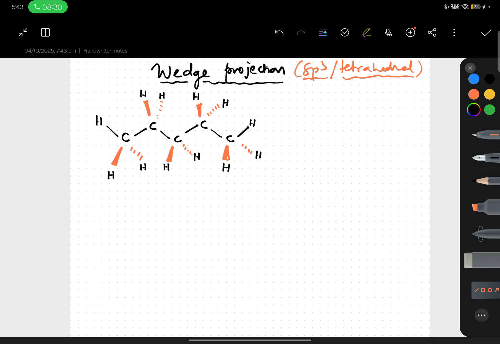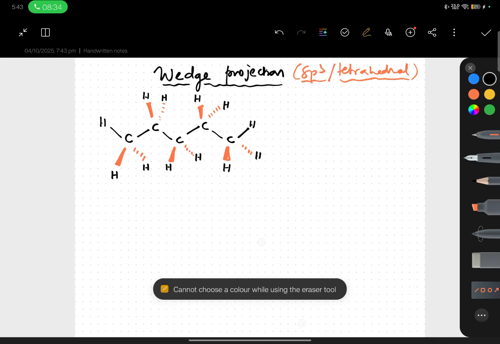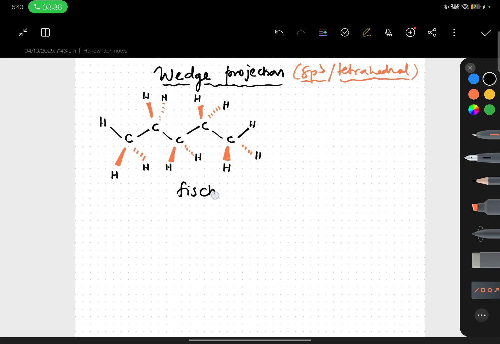Right? Another way of writing is called Fisher's projection. So how do you write Fisher projection? Fisher projection is a special type of depiction where it is applicable for carbon with 4 valency attached to different groups.